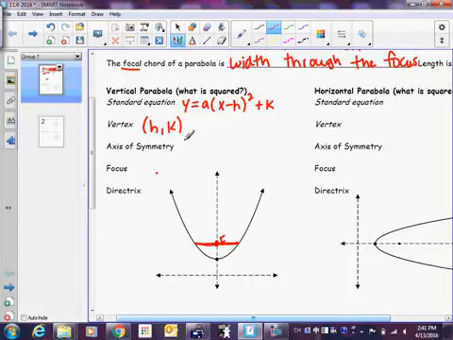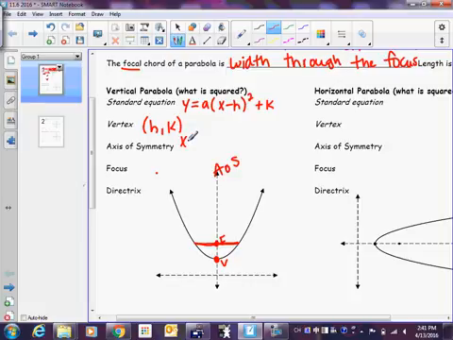Okay, axis of symmetry. Okay, look at this vertical parabola. This axis of symmetry, and let's go ahead and label it here. Here's the vertex, by the way. The axis of symmetry in a vertical parabola is what type of line? Don't say straight. Vertical.